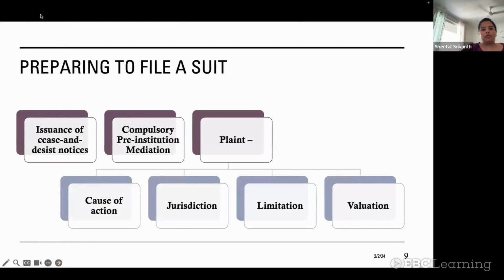Now, preparing to file a suit, right? As a person who is preparing to file a suit, who is either going to complain of infringement or groundless threat or any of these things, the first step you ought to take is to issue what we call a cease and desist notice. Okay. A cease and desist notice is basically a notice to a person saying, hey, look, I am the owner of X intellectual property.